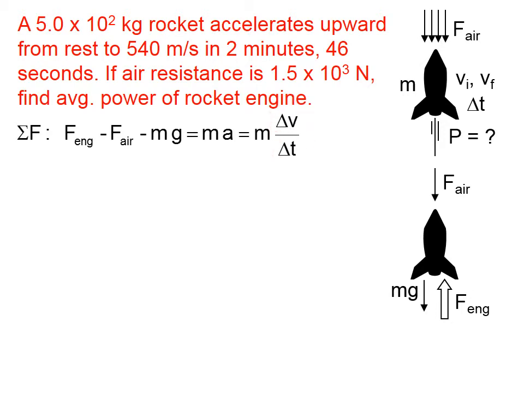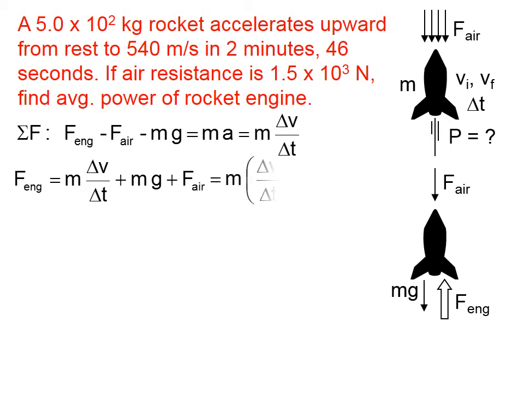What I'm going to do now is solve this equation for the force for the engine. I'm going to take the air resistance and put that on the other side where it becomes positive, and I'm going to take mg and put it on the right side where it becomes positive so that I get this expression.